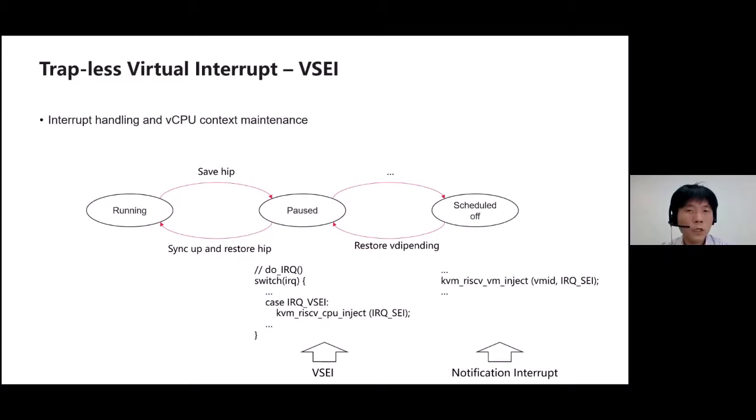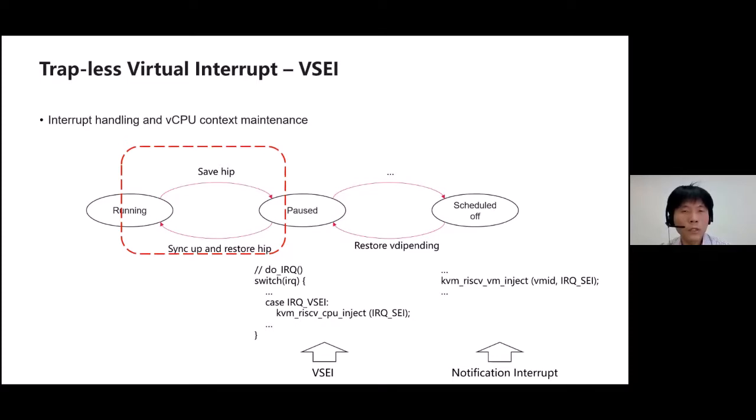Similar to the other virtual interrupts, the KVM saves and restores the HIP CSR when the vCPU transitions between the running and pause state. When in pause state, the host handles the VSEI that it receives, because the PLIC thinks that the target vCPU is still running on the hart. The PLIC reuses the same IF map register to decide if a target vCPU is executing on any hart.